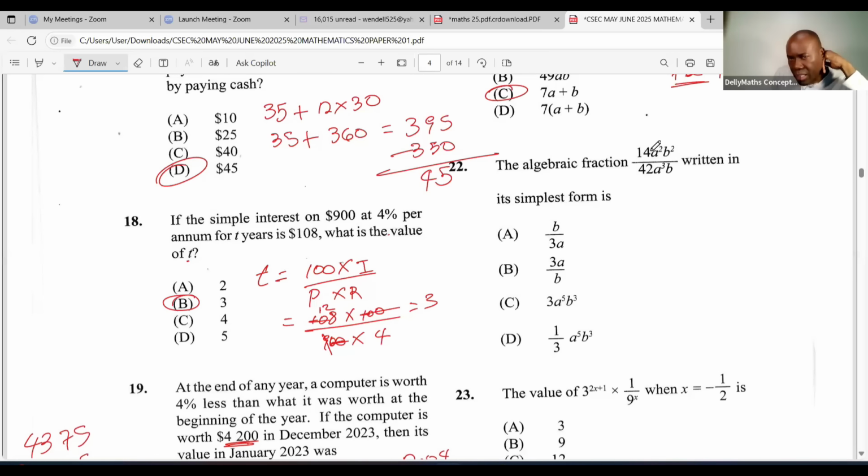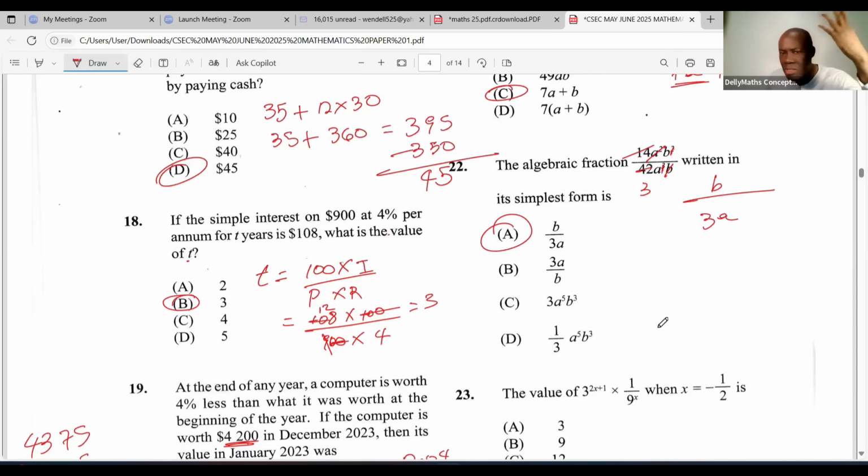Let's see if we can cancel. 14 could go into this. 14 into itself is 1. 14 into this is 3. That cancels leaving A there. This cancels leaving B. So B is going to be on top, 3A at the bottom.